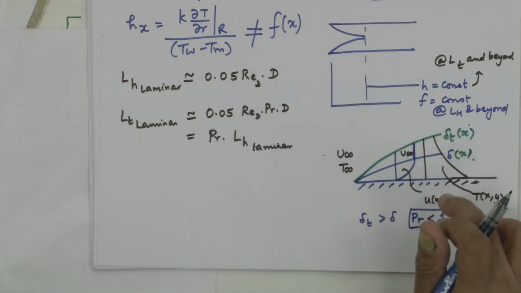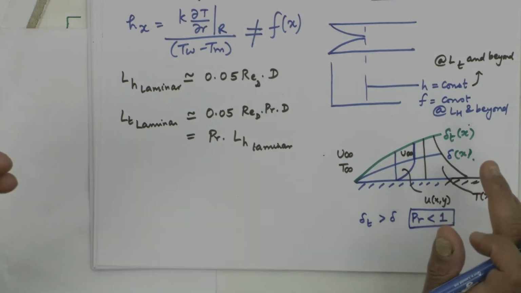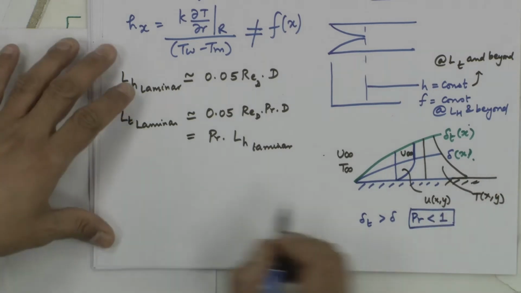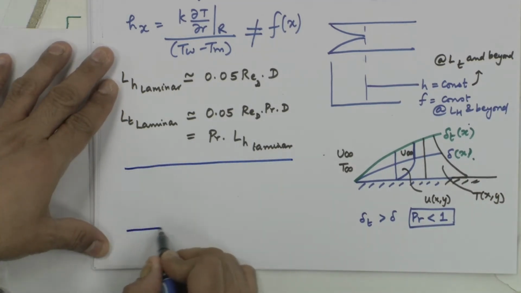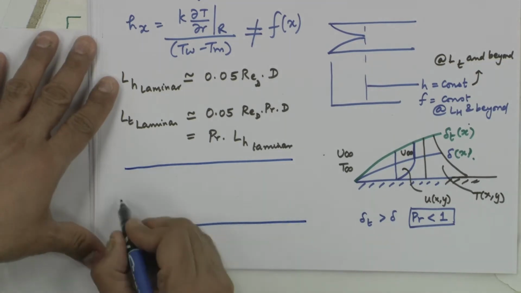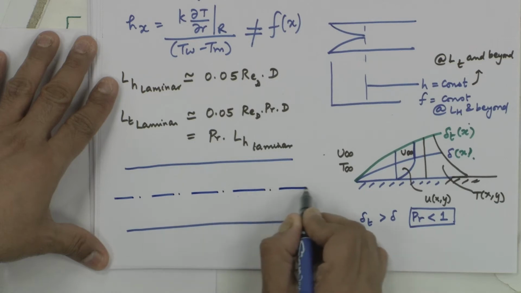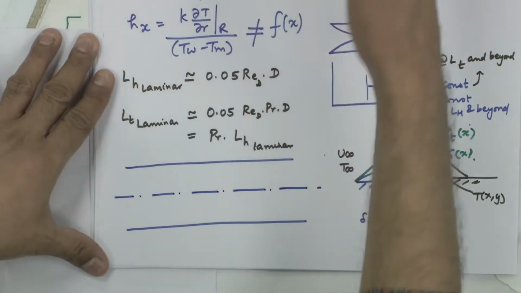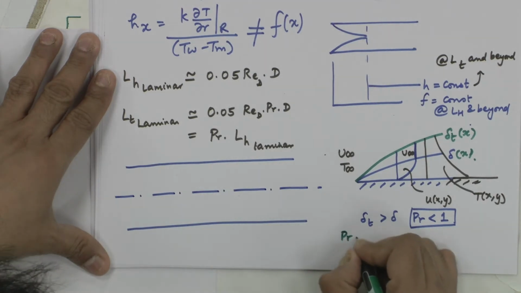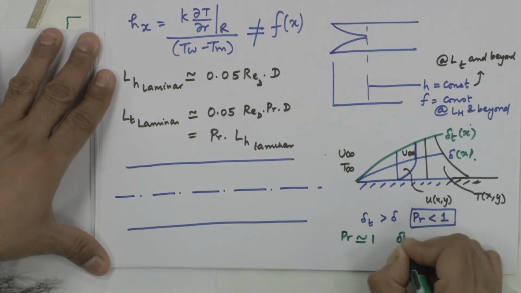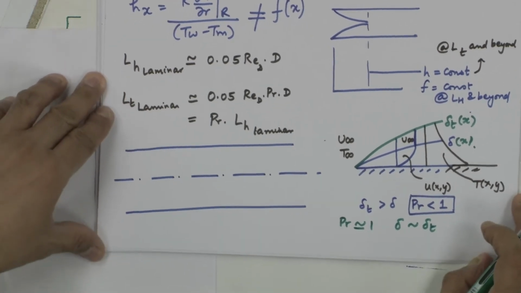The fluid is transporting heat at a faster rate than it is able to transport momentum. Now, when I go to internal flows, I can have these 3 cases coming to me with different interpretations. So, if Prandtl number is approximately equal to 1, delta grows at the same rate as delta T. What does this mean?